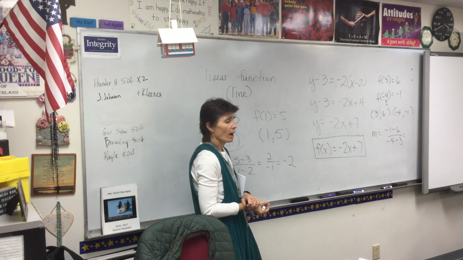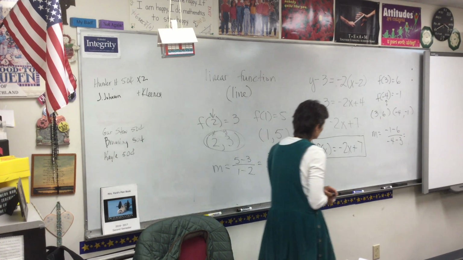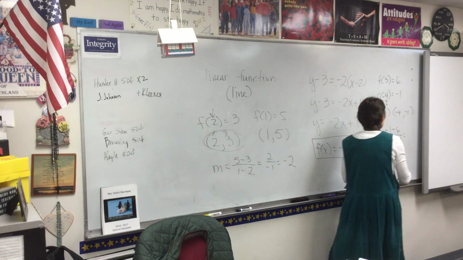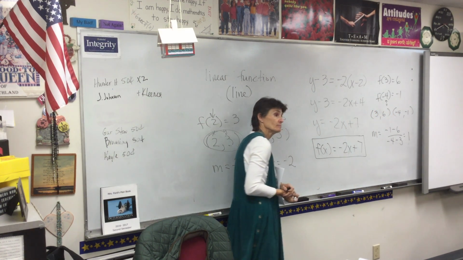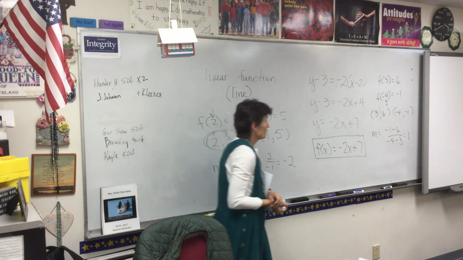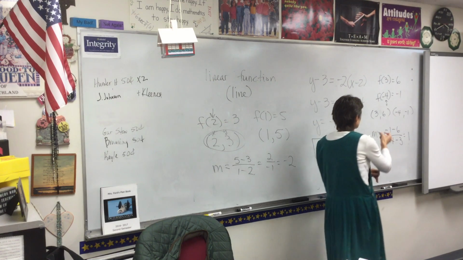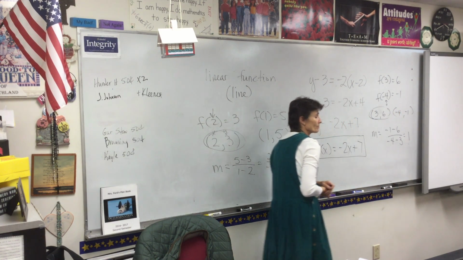Y minus y, x minus x. What's that work out to be? 1. Wow, that's nice. -7 over -7. 1. Slope is 1. Now pick a point. I think I'll use this one. It doesn't make any difference. Use whichever one you want.